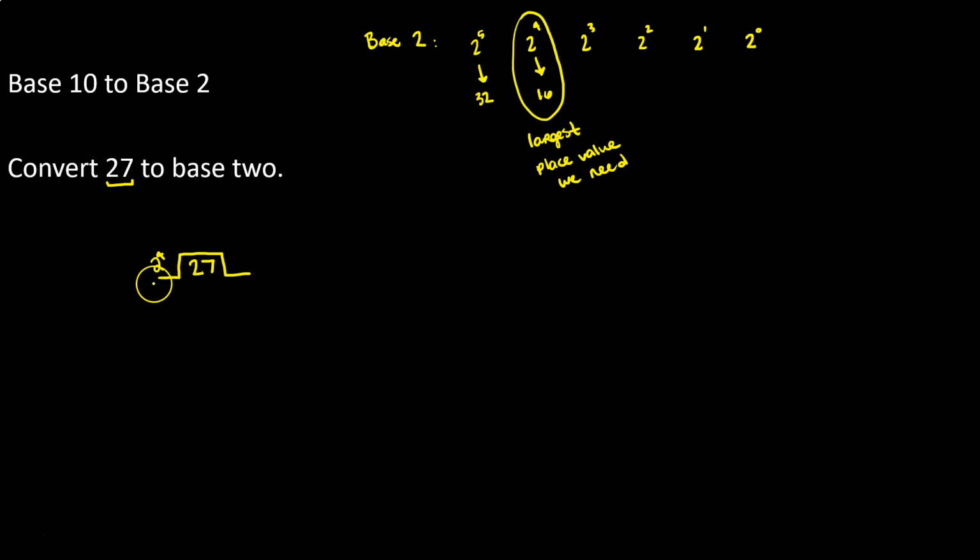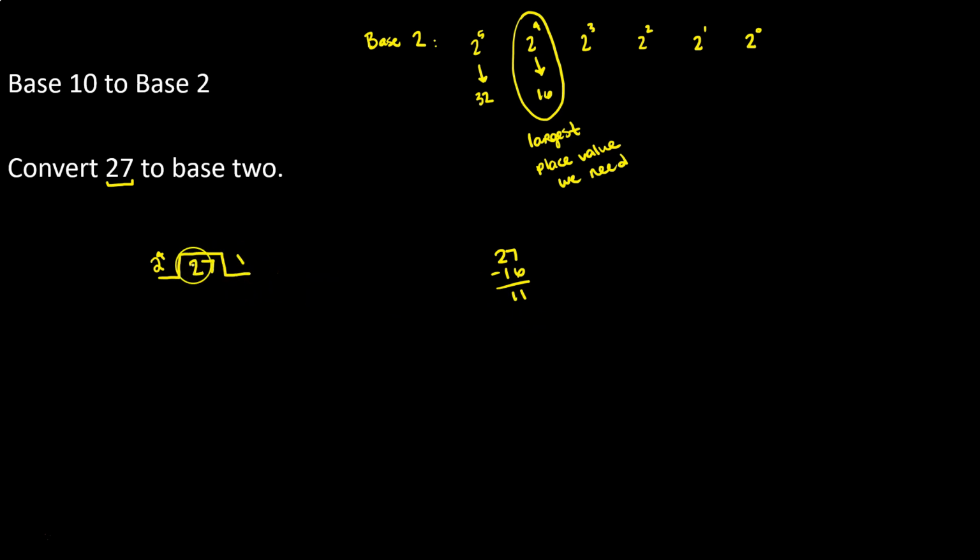How many groups of 2 to the 4th power fit into 27? Well, 2 to the 4th power is actually 16, so we can look at 27, subtract 16, and we can see that only 11 would be left over, which means we cannot subtract another group of 16. It only fits once, so we put a 1 here.